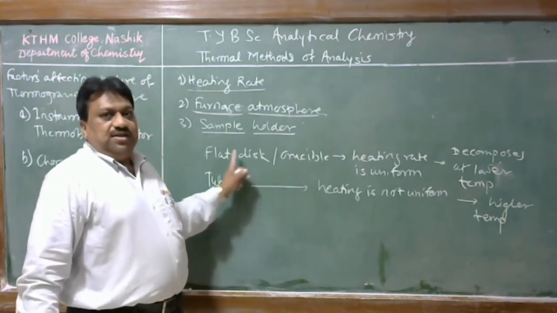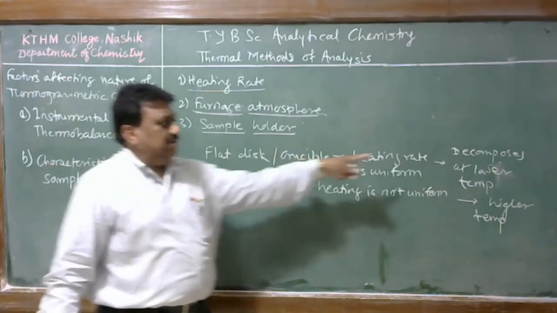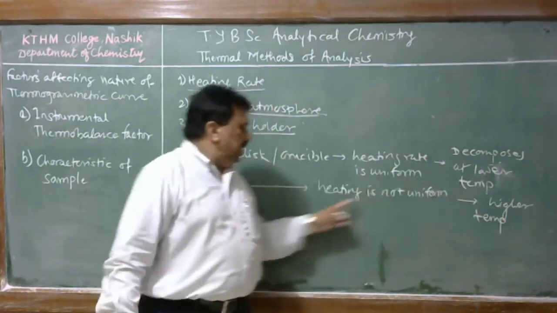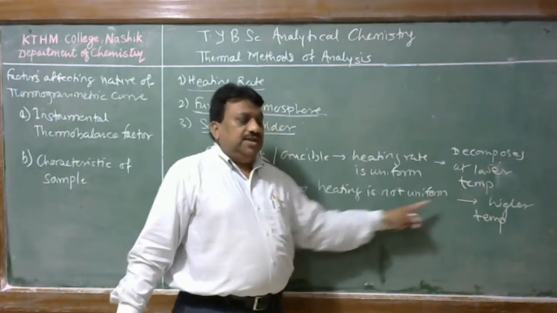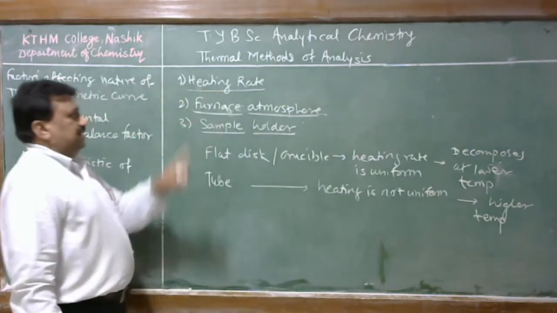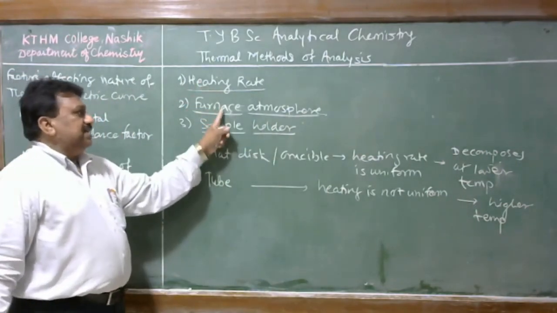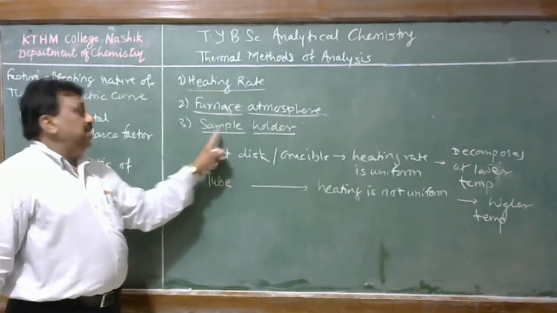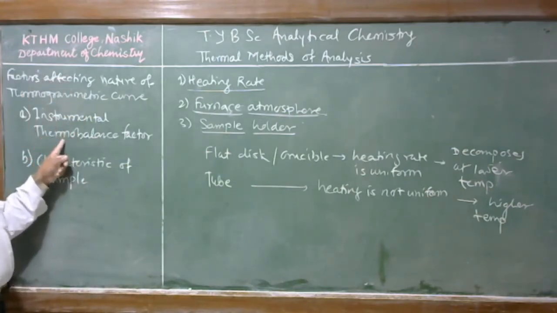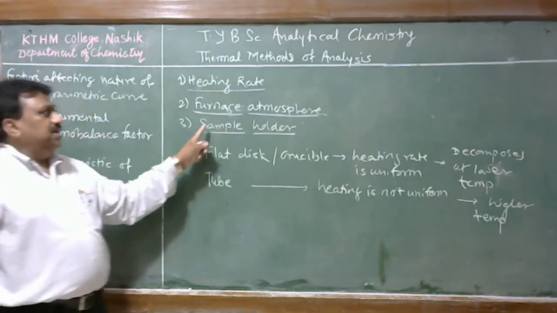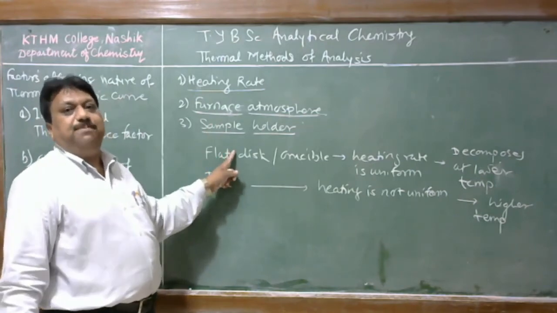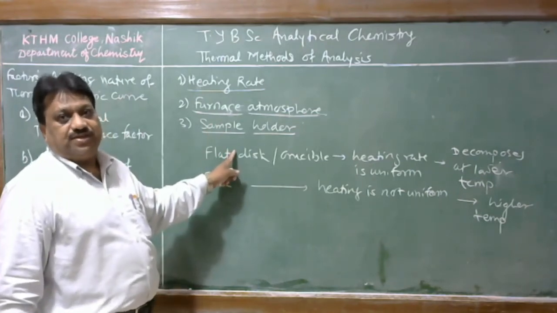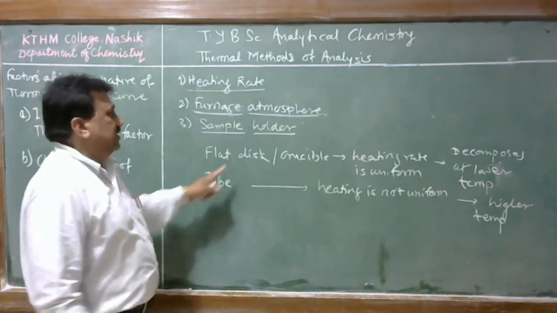If it is a flat disc, decomposition temperature is low. If it is a tube, then decomposition temperature is more. Now these are the three different factors, that is heating rate, furnace atmosphere and sample holder. These are the three instrumental factors that directly affect the decomposition temperature of the substance in a thermobalance.